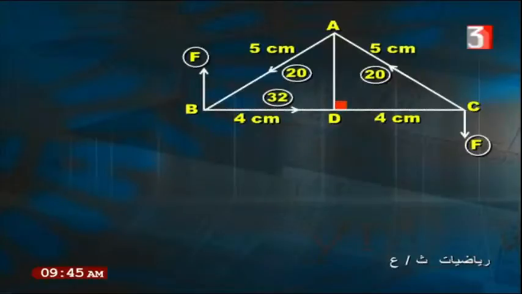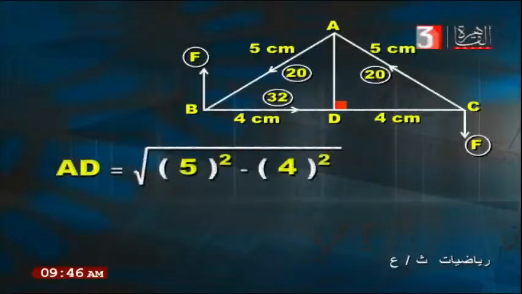Remember, my dear student, AD, the height of the isosceles triangle, equals what? Square root of 5 squared minus 4 squared, Pythagoras. AD is perpendicular to BC. Why? Because AB equals AC, isosceles.